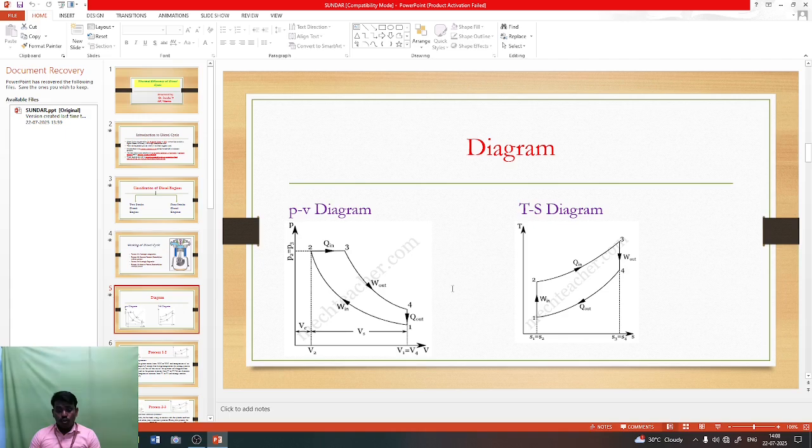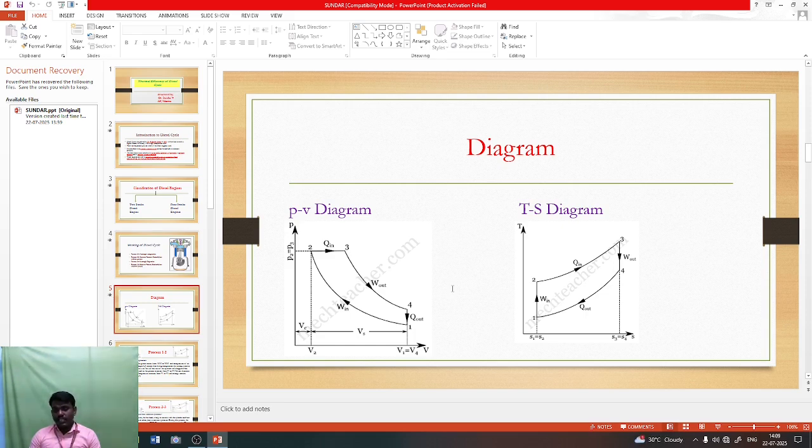Then in process 4 to 1, the heat is rejected from the system. Here we can see that process 2 to 3 is a constant pressure process, which is why it is indicated as P2 equals P3, and process 4 to 1 is a constant volume process, V1 equals V4.